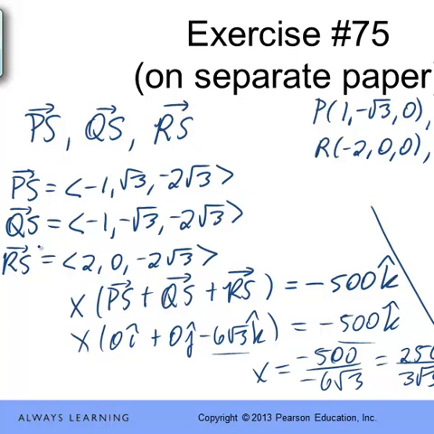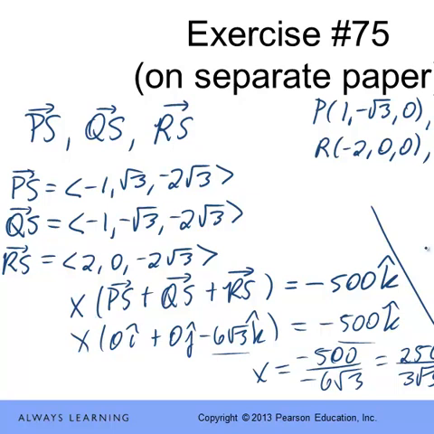When you multiply PS, QS, and RS by the 250 over 3 root 3 each, that would give you the force vector needed in order to balance that cinder block. Then, if I ask for the tension in each cable, well, look, each cable is equal length. That's why we can get away with multiplying by the same scalar for all three vectors.